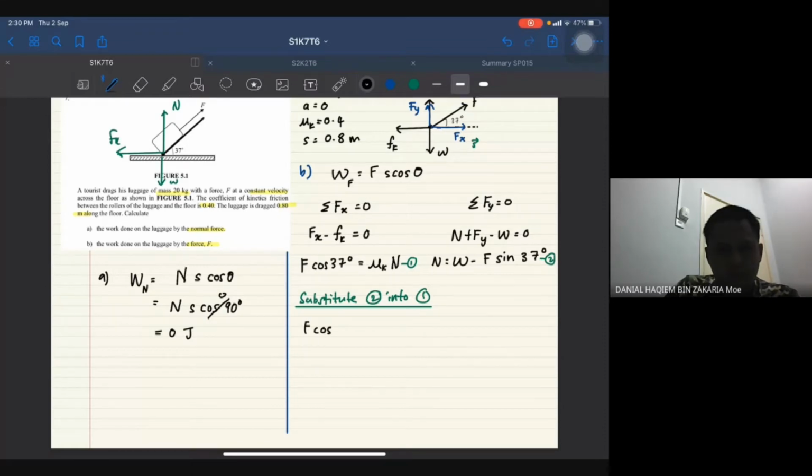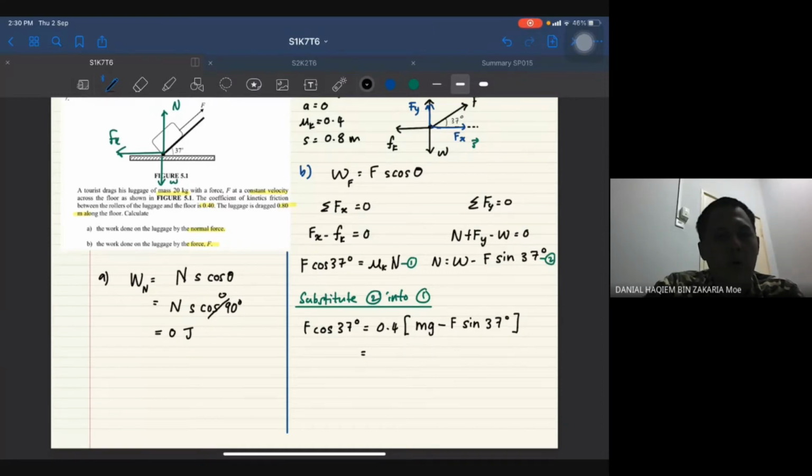Maybe you can press your calculator for that one, but I will leave it for now, it is too long. The mu k is 0.4. The N now becomes mg minus F sine 37 degrees. So I can try to solve this one.